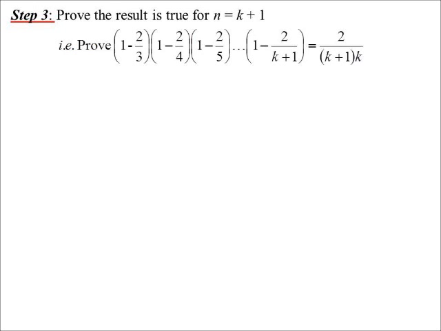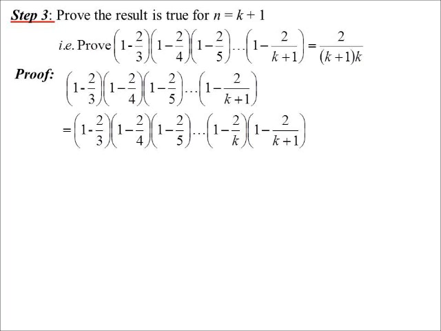Proof for k plus 1. Again, I'll do it the same sort of way, but instead of adding, we're multiplying. So I'll put in the second last term. All of those terms multiplied together is our assumption, and we assume that to be 2 on k minus 1.